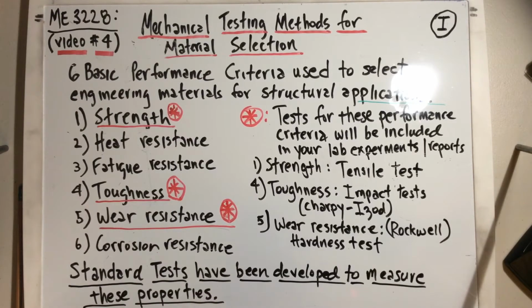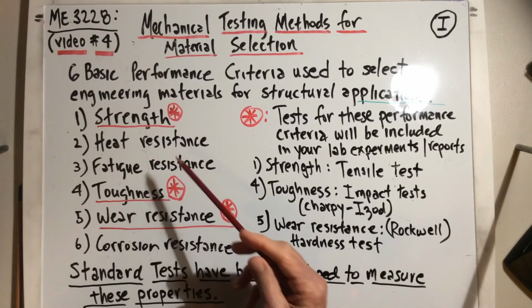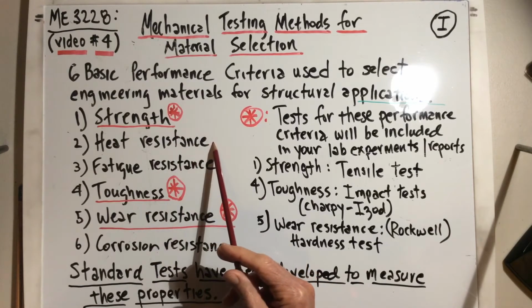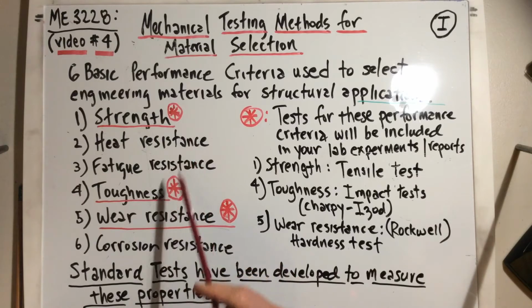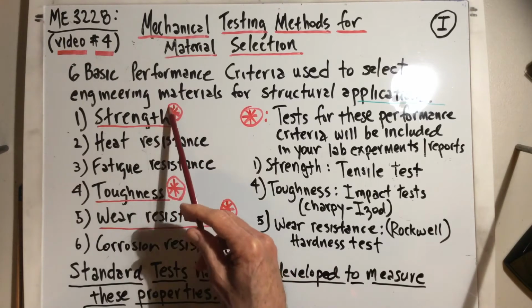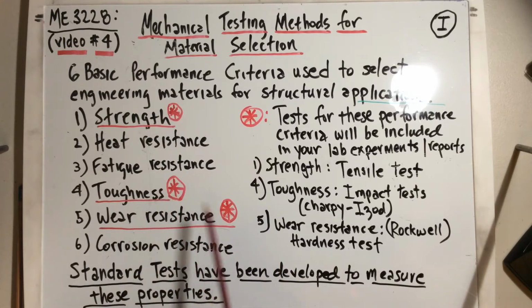Now, briefly, heat resistance. We're not going to go over these in great detail because we're going to try to emphasize the ones that we actually do reports on and experiments on. But heat resistance, of course, is very, very key in many different types of applications, and this is primarily for metals.